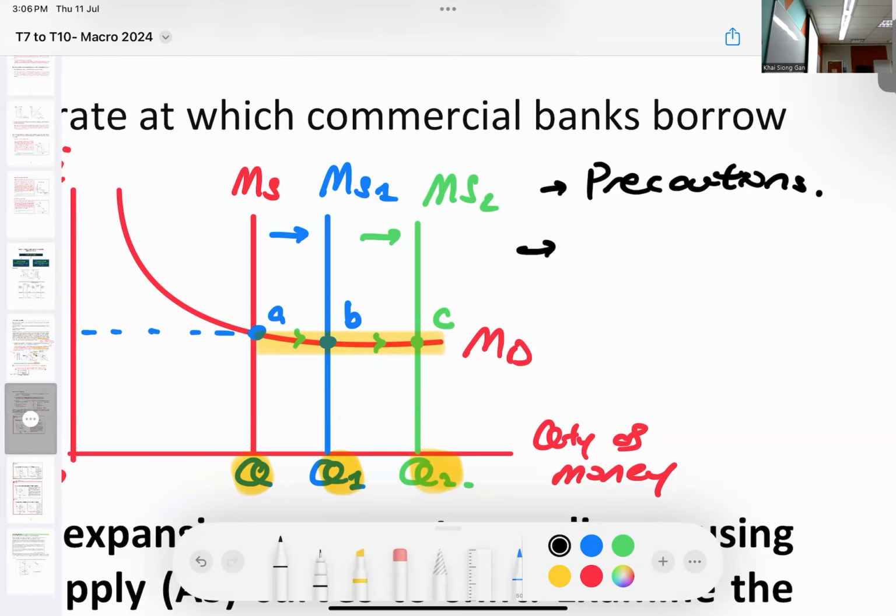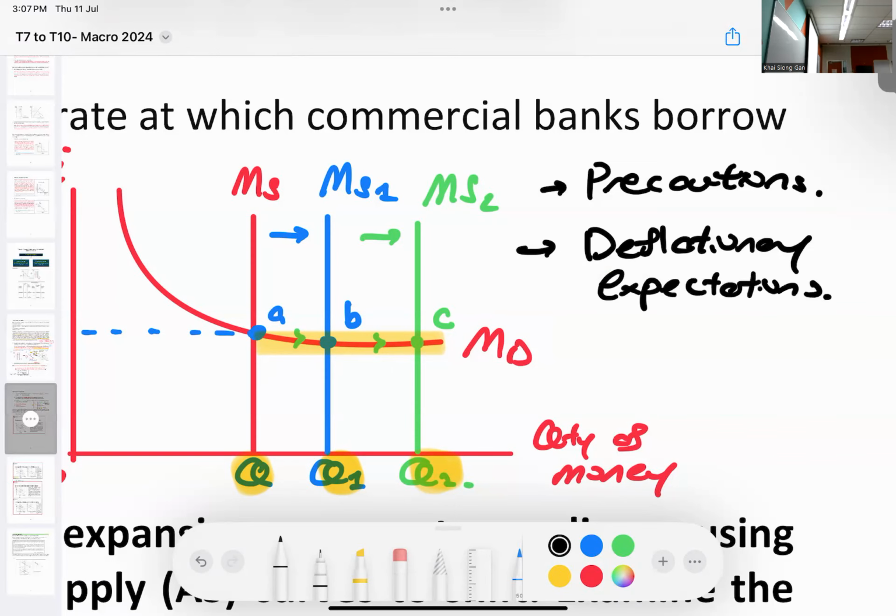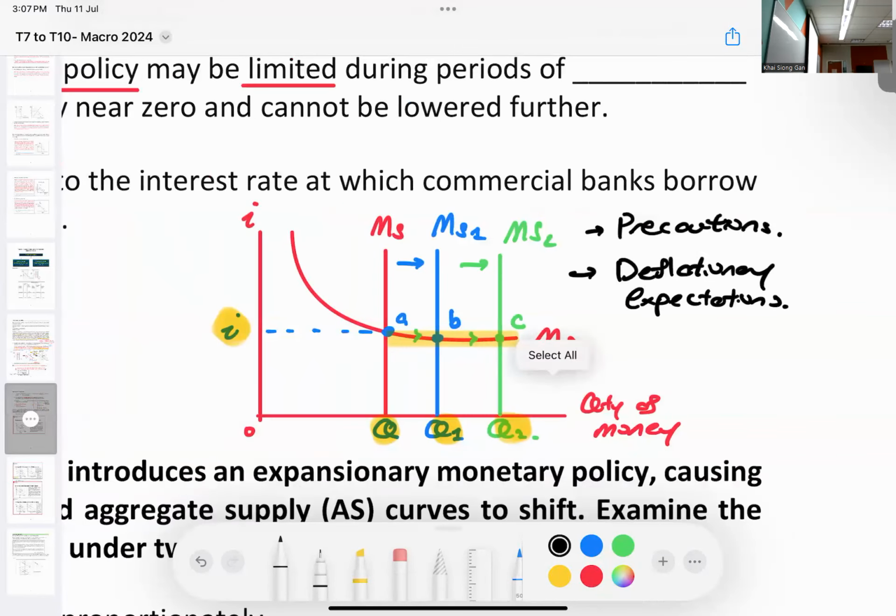Second, there could be deflationary expectation. Usually all these happen together. Because the economy is not doing well, people are worried already, they're not there to spend, everyone is very pessimistic. So we all know that the price will surely become cheaper and cheaper. If you foresee that the price will become cheaper and cheaper, then why would you spend now? You might as well keep holding money until it becomes even cheaper, then only you buy.